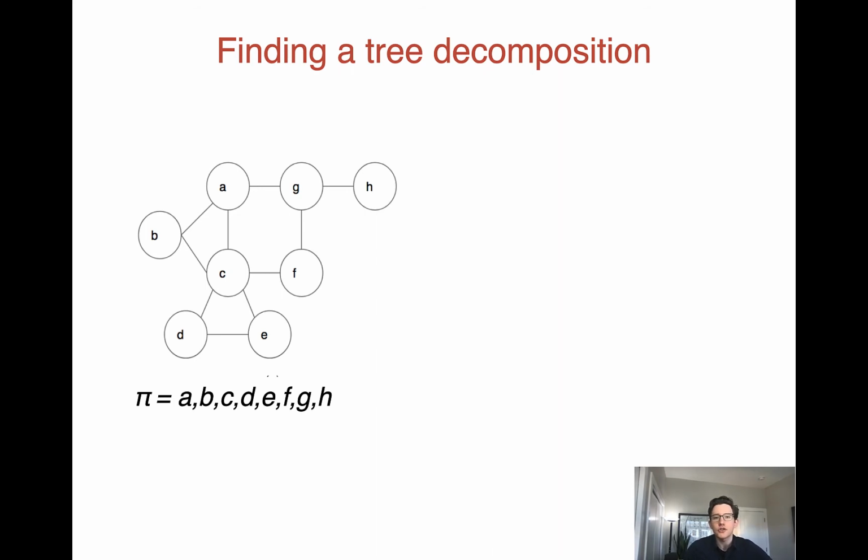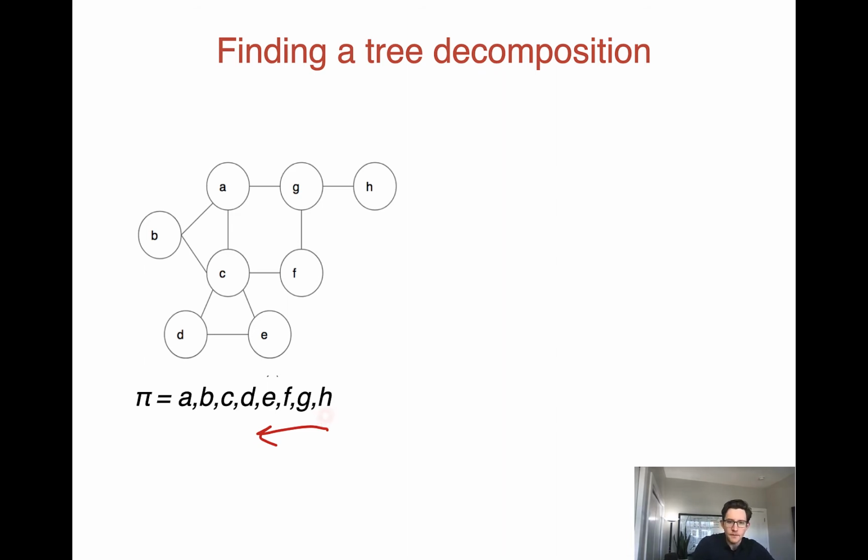Not a junction tree yet. We're going to produce a junction graph, and then we'll talk about how to turn it into a junction tree in just a minute. But first, let's create our junction graph. By the way, we're going to go in reverse order in this ordering. That's how the textbook defines it. I don't know why it defines it that way, but we're just going to follow that.